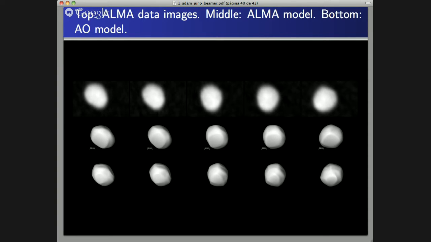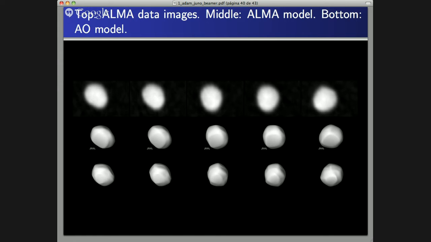So we see that even though we have a better resolution AO model, it really doesn't give any better fit to the ALMA data. There are, of course, some minor details here that are not present in the ALMA model, but the shapes are very similar.